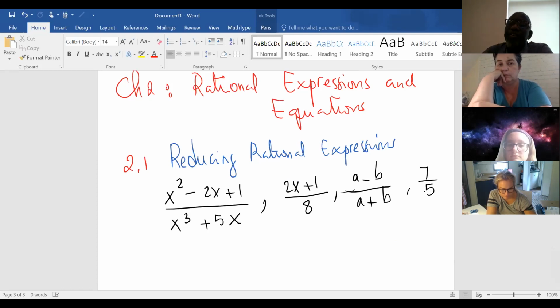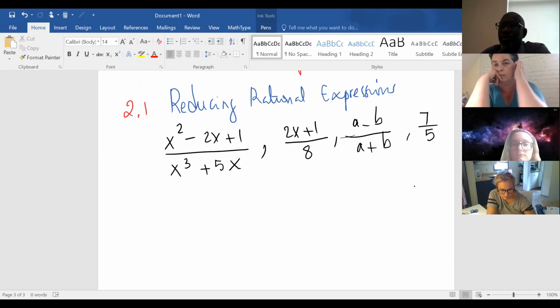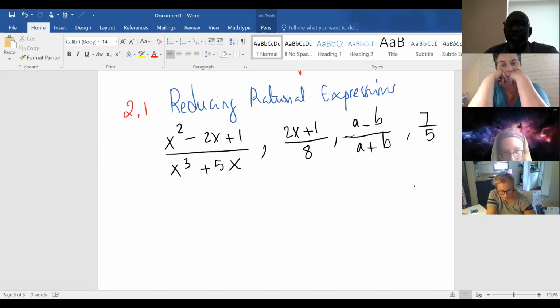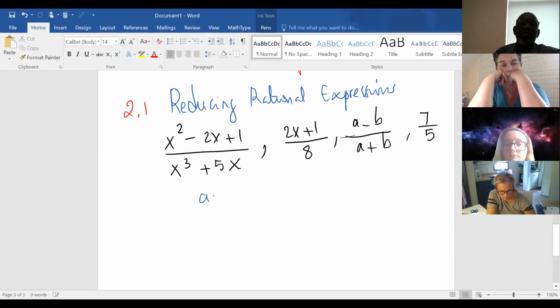This chapter will be a little bit harder than the other one, but it leans heavily on it. Chapter 2 will be a lot about factoring also, so we're going to do a lot of factoring again.